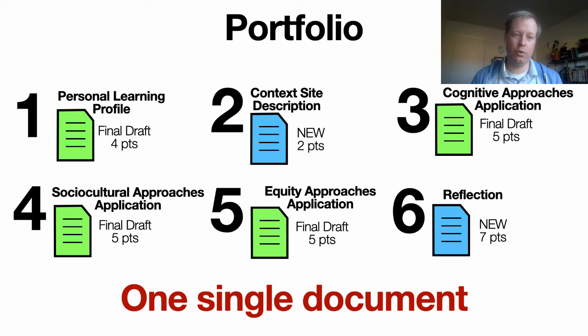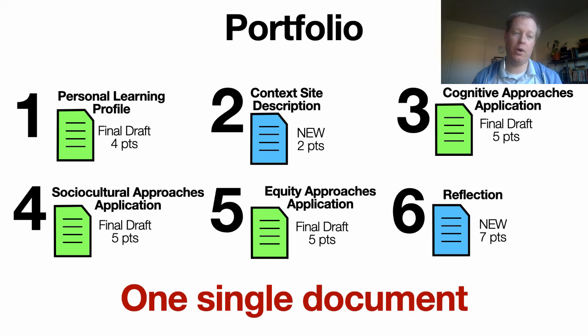So what I would do for your portfolio is maybe even start to create a portfolio document, whether that's in Word or Google, and copy and paste what you've already done into there, and then start making revisions. I would suggest revising soon your cognitive approaches paper and your sociocultural approaches paper so that they're not waiting until the very, very end.